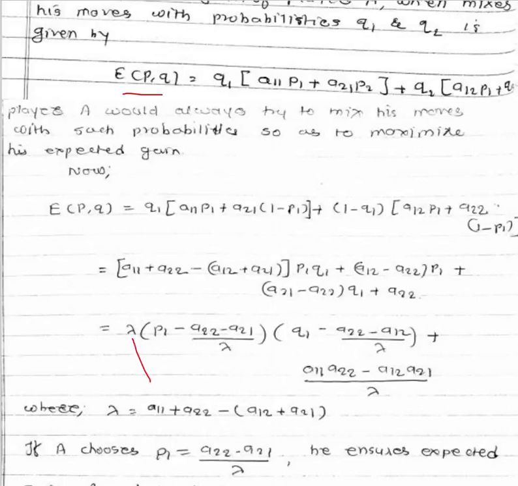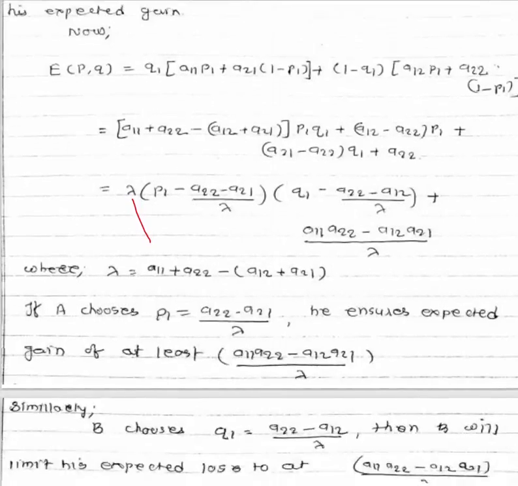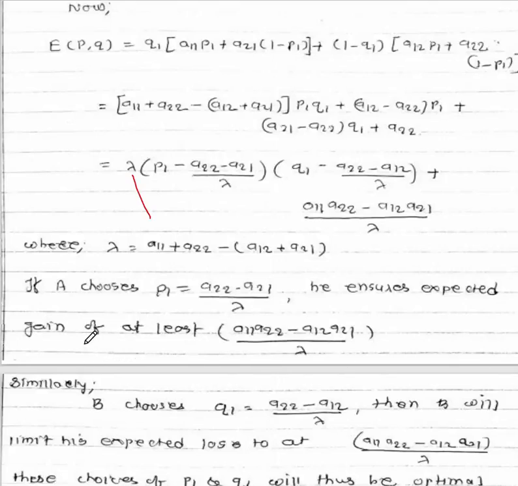Suppose that player A chooses the probability P1, that is A22 minus A21 divided by lambda, and he ensures an expected gain of at least A11 A22 minus A12 A21 divided by lambda. So this is the expected gain of player A.